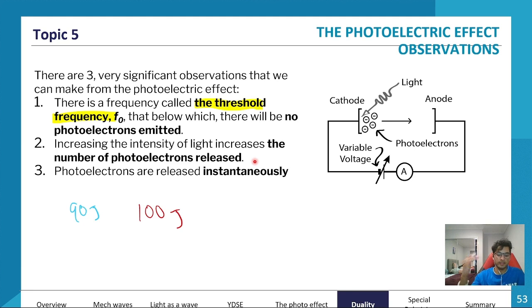Because it's less than the threshold, it's not going to create any current. So if you want to create current, you have to shine a light that has a greater frequency than the threshold frequency. So you need light that has 120 joules of energy.